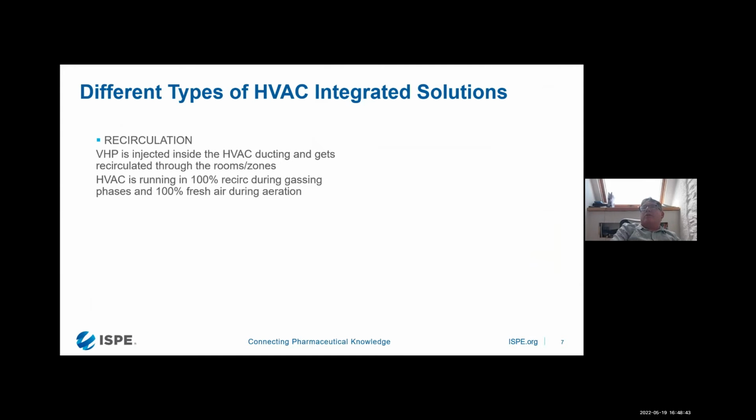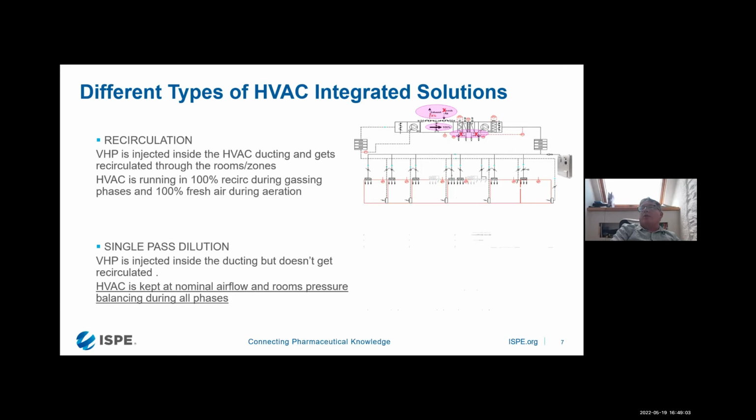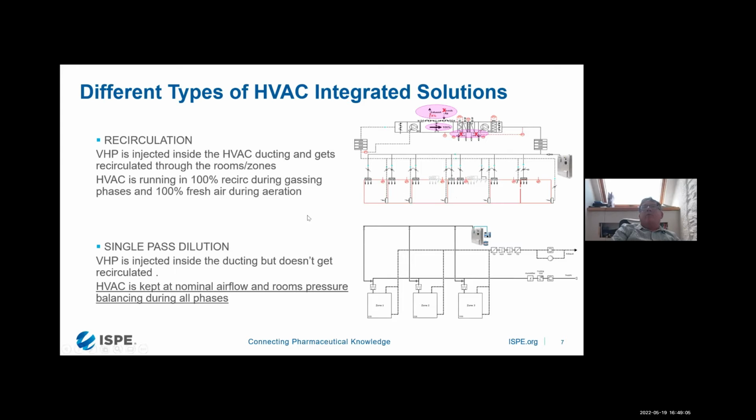So going to the integrated solution, because today we will talk BSL, and we believe for BSL, having the equipment outside is a much more wiser approach, mobile or integrated. So we propose, we see on the market, we propose two types of integrated solution. So we have the recirculation, and this is, I worked a lot on this since 15 years actually.